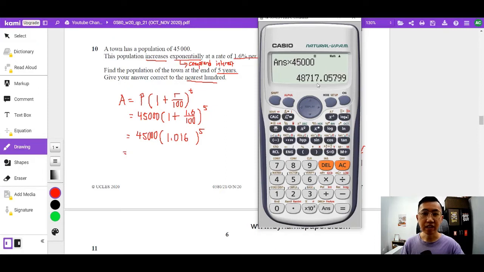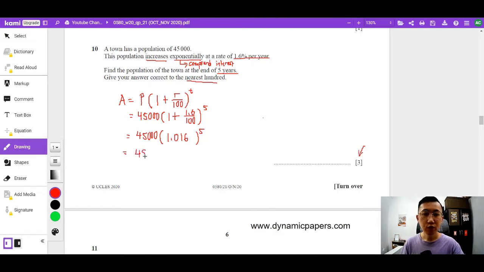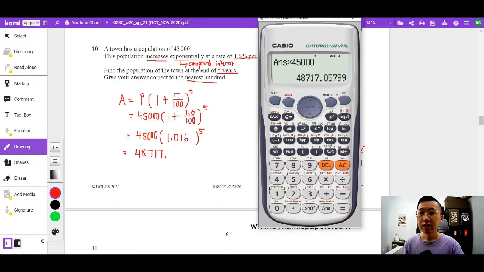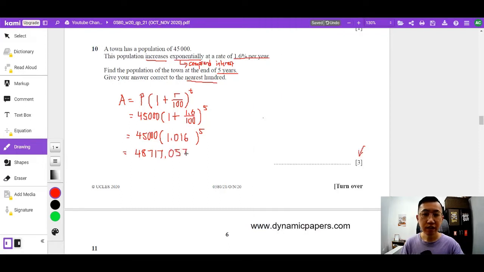Now you are going to copy the numbers first. 48717.05799. You show this answer first, then only we round correct to the nearest 100.